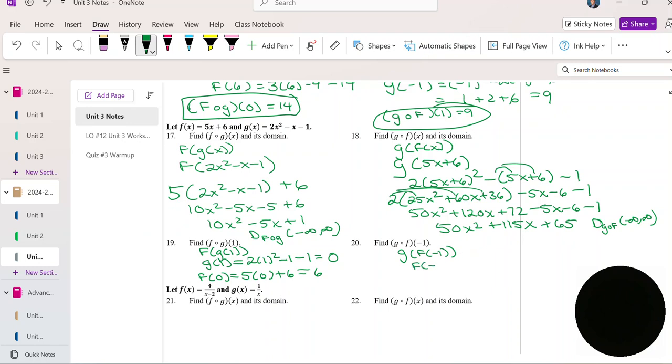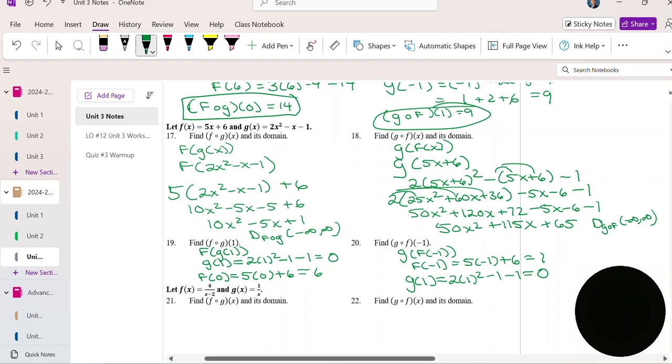So f of negative 1 is 1. And then g of 1 is 0. All right.